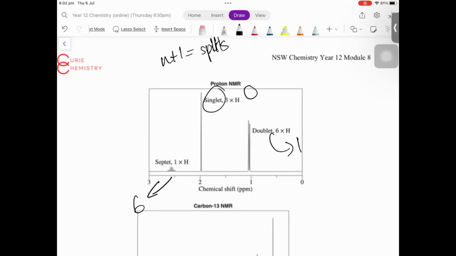So you have 1 hydrogen that has 6 neighbors, and then you have 3 hydrogens that have no neighbors, and then you have 6 hydrogens that have 1 neighbor.